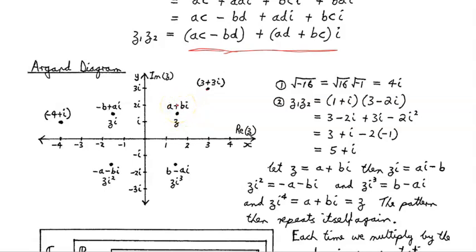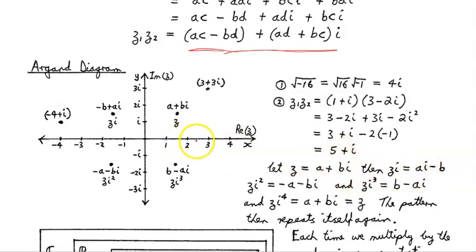If we let z equals a plus bi and plot that, we get some point in the first quadrant. Then if we multiply both sides by i, so z times i, we get ai minus b, since i times i is -1.